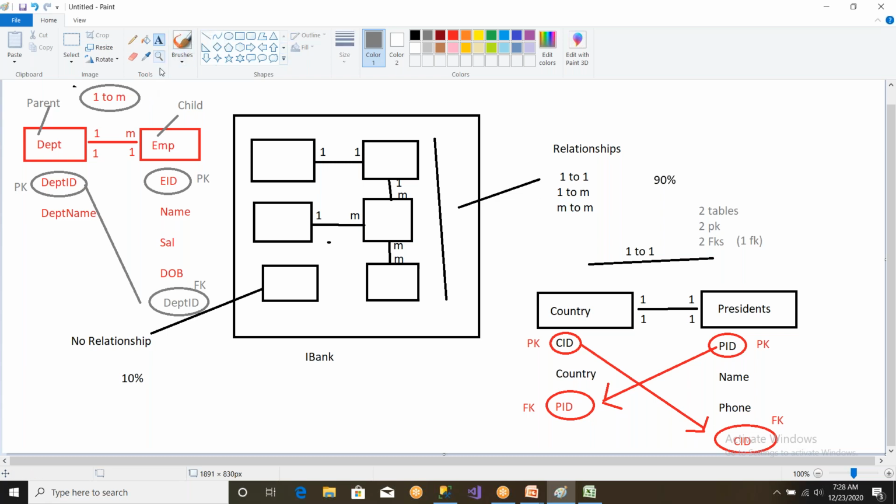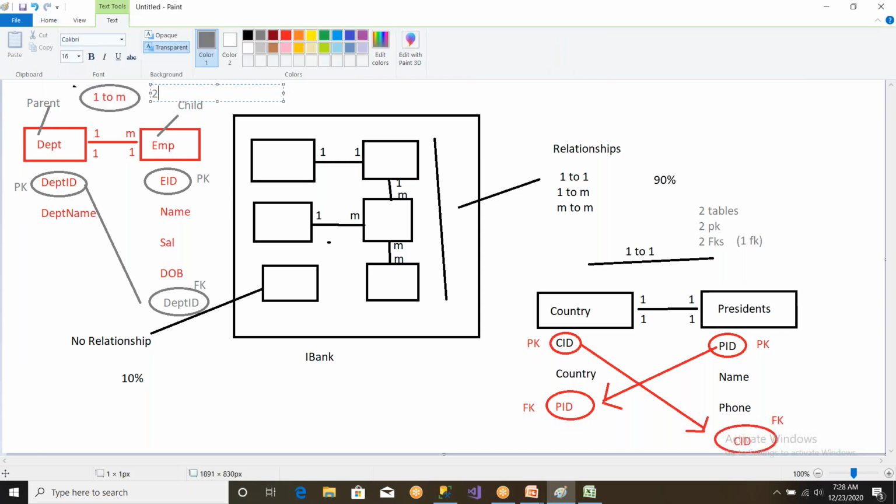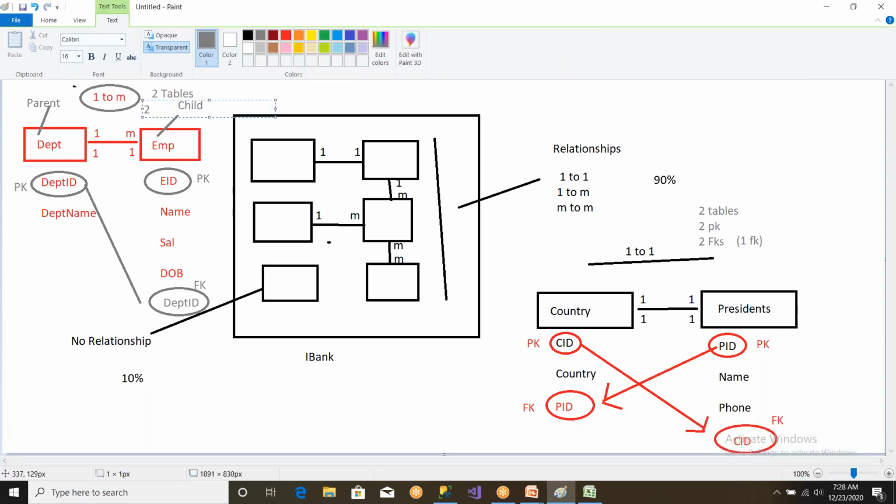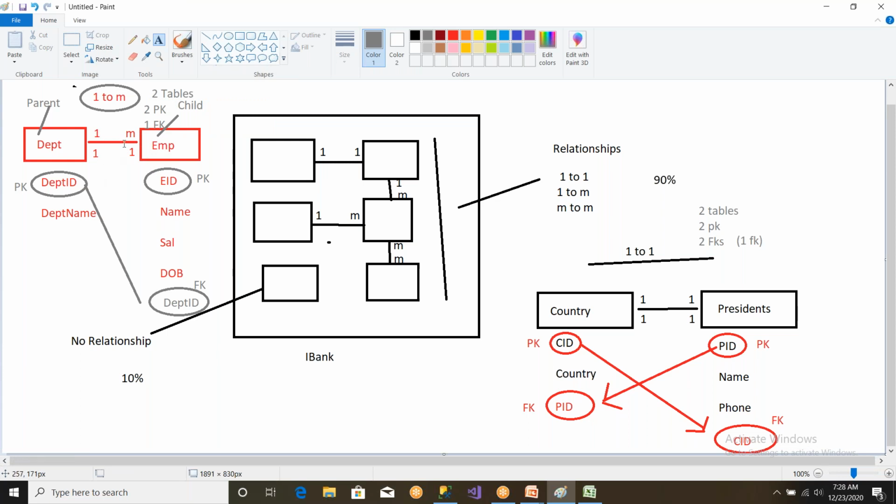You will have two tables. You have two tables and two primary keys, but the foreign key is only one, from parent to child. Clear? You cannot create two foreign keys.